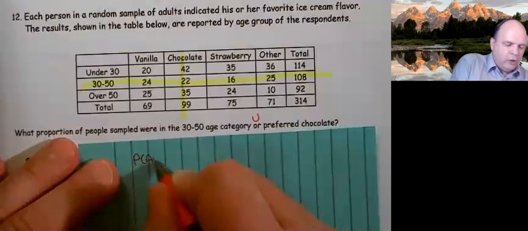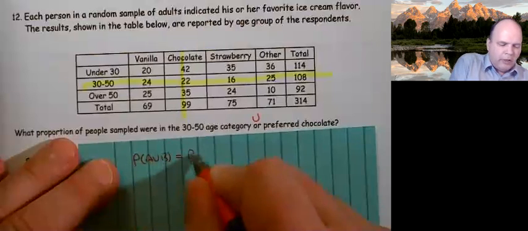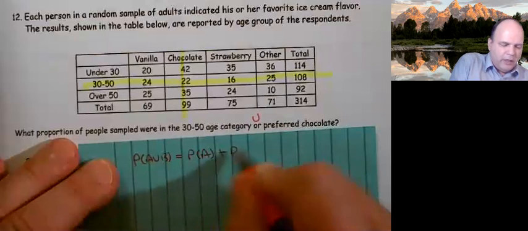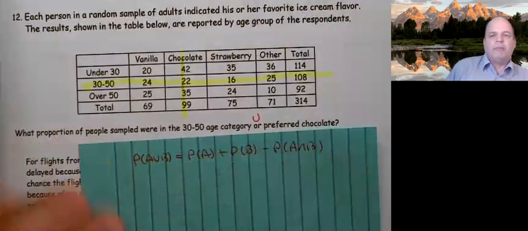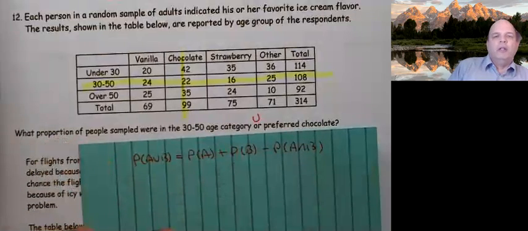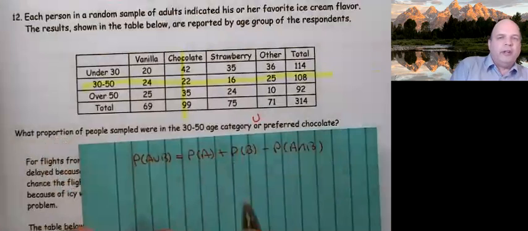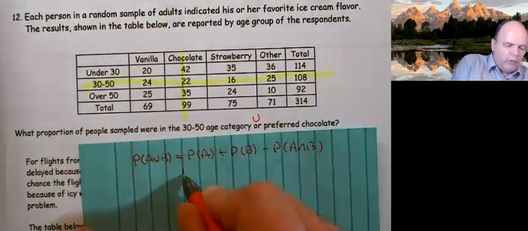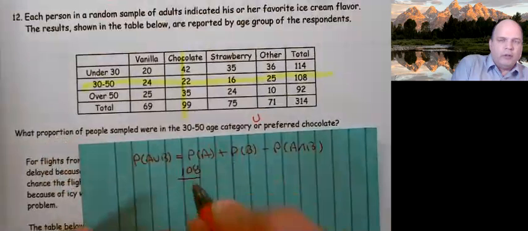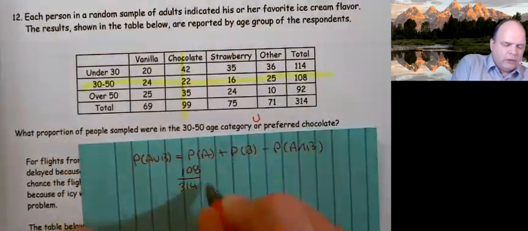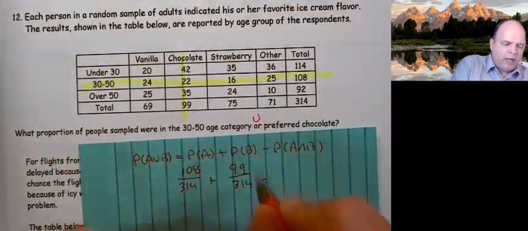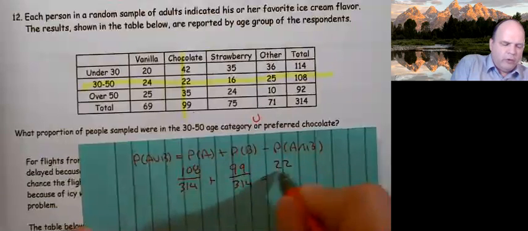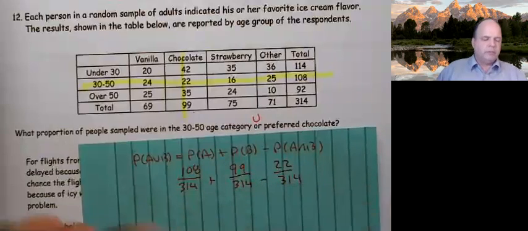Probability of A union B equals the probability of A plus the probability of B minus the probability of A and B. So the probability of 30 to 50 is going to be 108 over 314 plus 99 over 314 minus my intersection of 22 over 314.